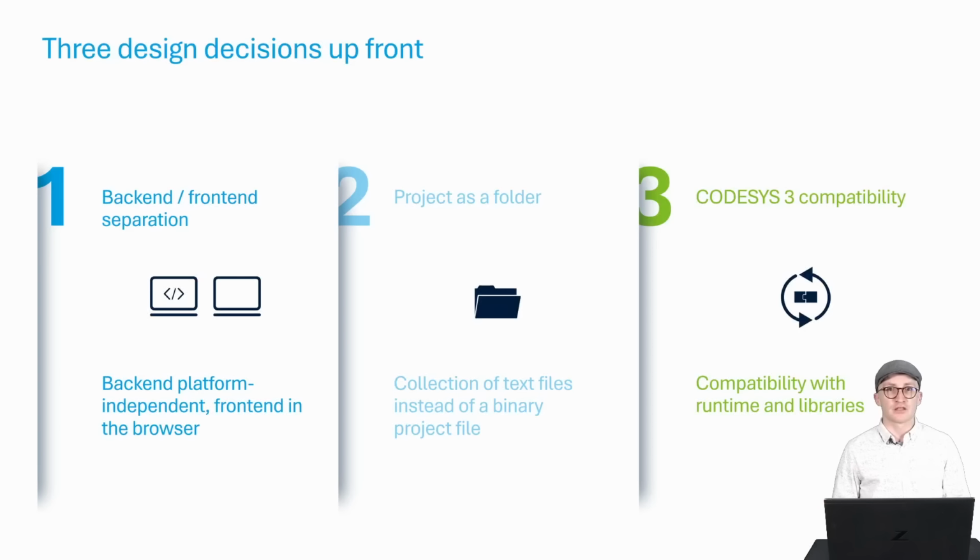Many of you remember the transition from CODESYS 2 to CODESYS 3, where a lot changed at once. We have deliberately chosen not to repeat that. These are the anchor points. Now let me take you through the architecture in more detail.